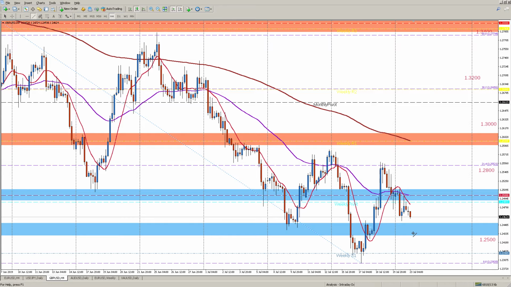Okay, so we may be looking for some potential move of this nature, and unless it breaks down lower, it could potentially test the weekly S1 pivot level as well, just at the 124 level.